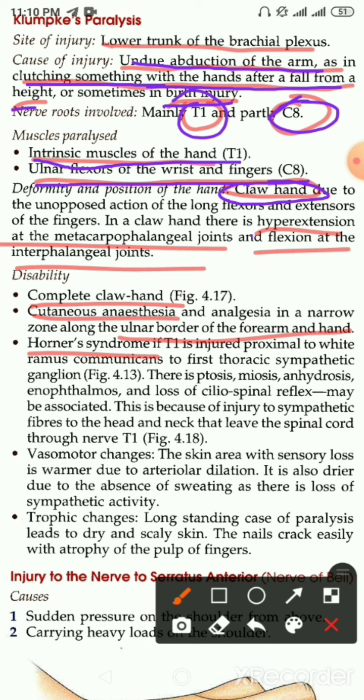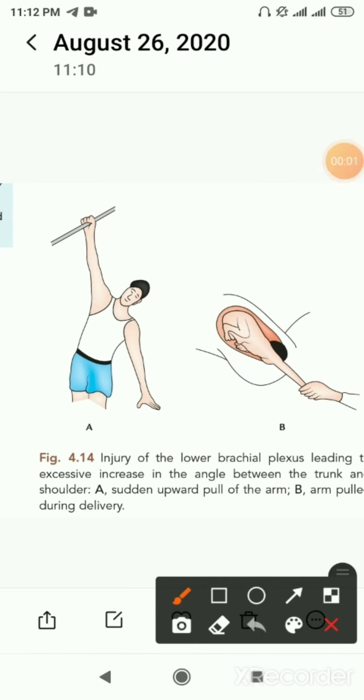There will be hyperextension at the metacarpophalangeal joint of the hand and flexion at the interphalangeal joint. There will be complete claw hand. There will be cutaneous anesthesia over the ulnar border of the forearm and hand, and there will be Horner's syndrome. This is a very good picture of Klumpke's paralysis.